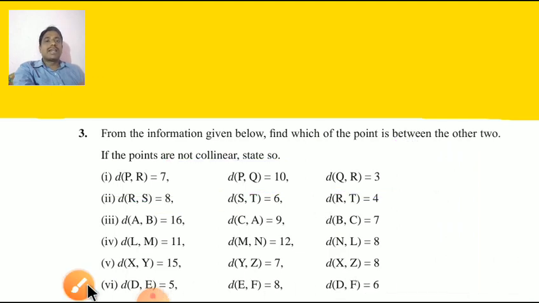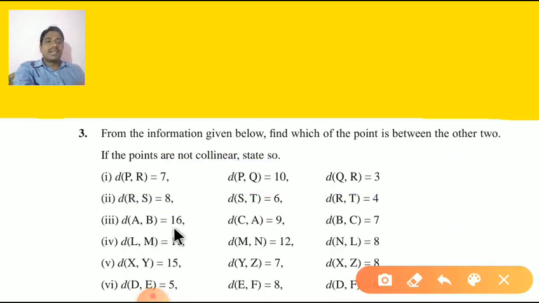Now in the third example, distance AB is 16, CA is 9 and BC is 7. The largest number is 16 and we add the remaining two numbers, 9 plus 7, which is also 16. Hence the 3 points A, B and C are collinear. Now the end points are A and B because the largest number is 16.